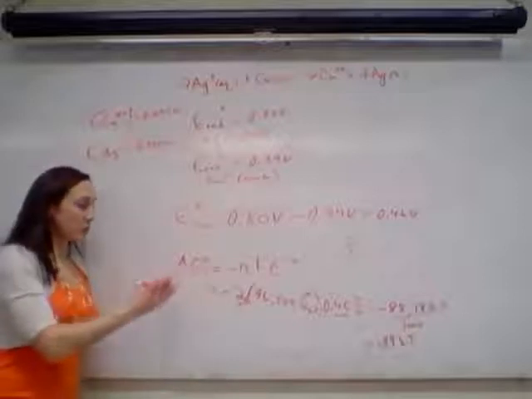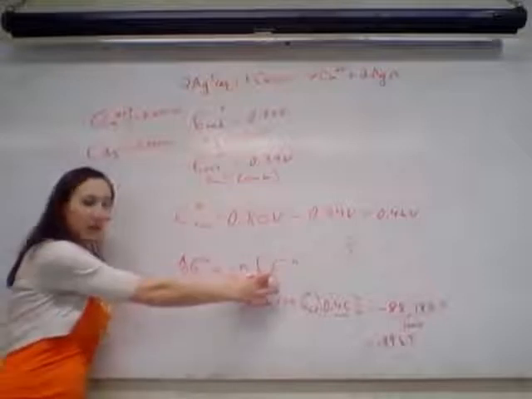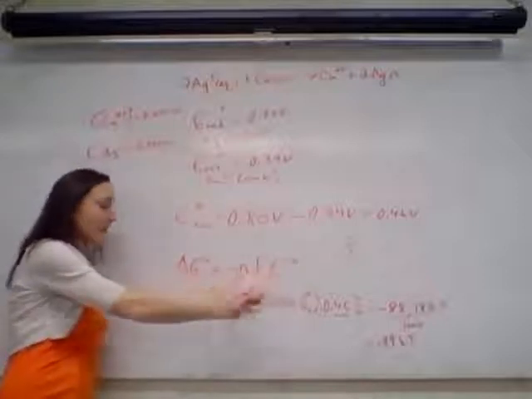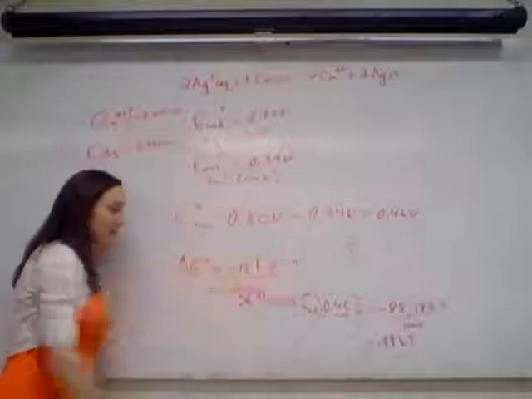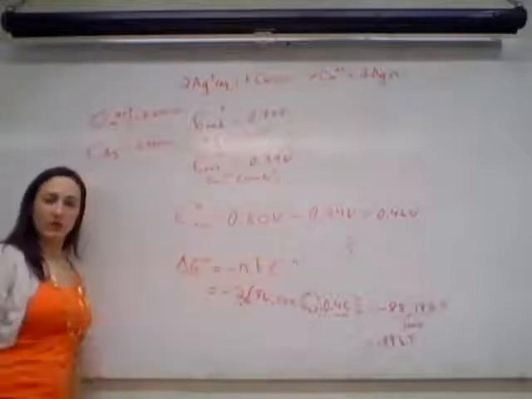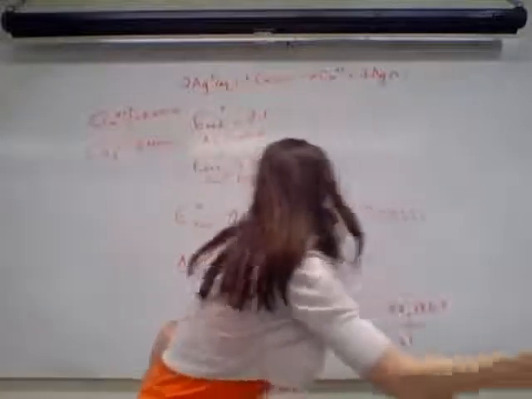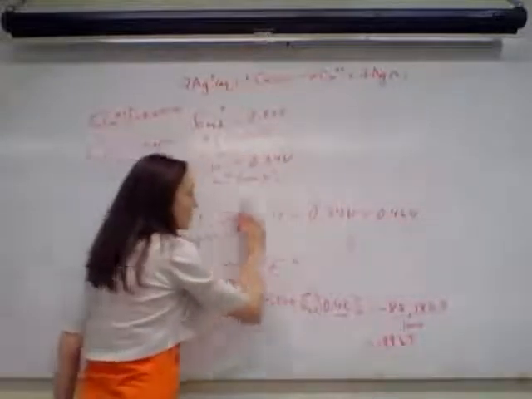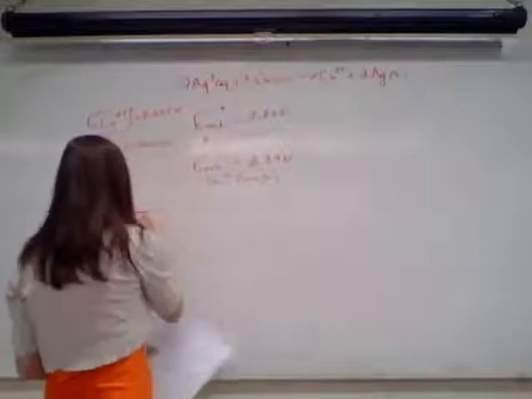If that is reworked using these values, delta G naught would be negative nFE, regular delta G would be negative nF with a non-standard E, and then again you can look at the derivation in the book. But if I wanted to find the potential of the cell at non-standard conditions, that's what the Nernst equation comes in for.